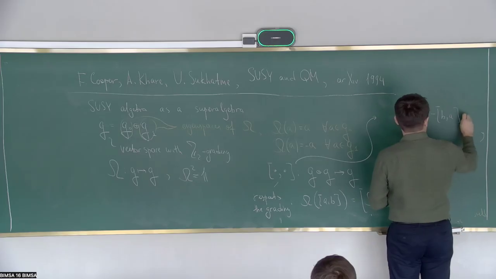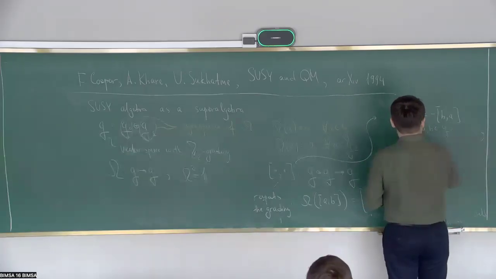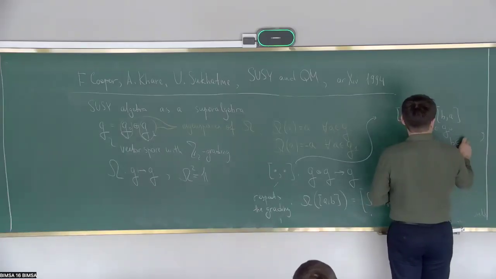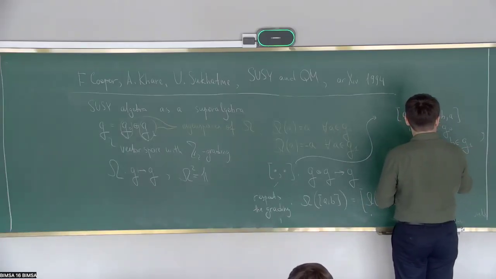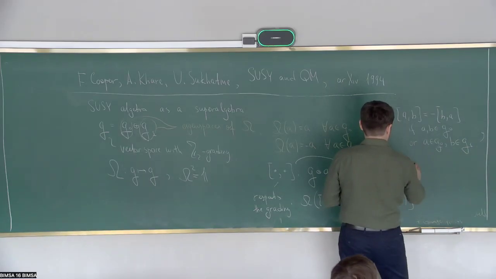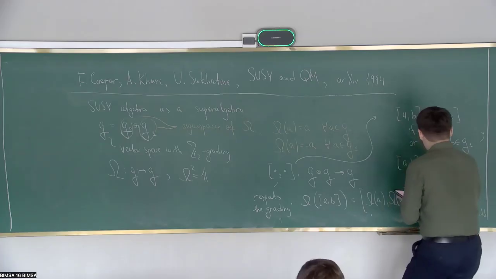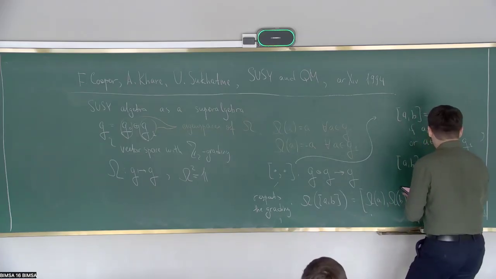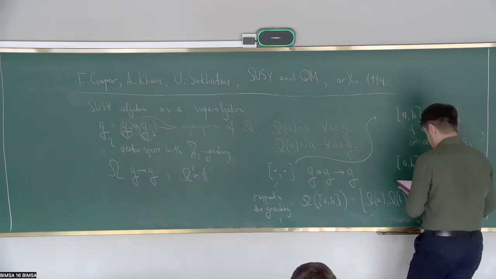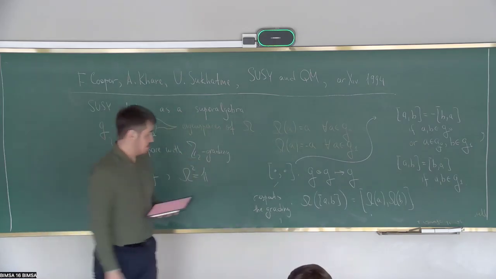If A belongs to G0 and B belongs to G1, then it is antisymmetric. If A and B both belong to G1, then it is symmetric. And because of the grading, this respects the grading.